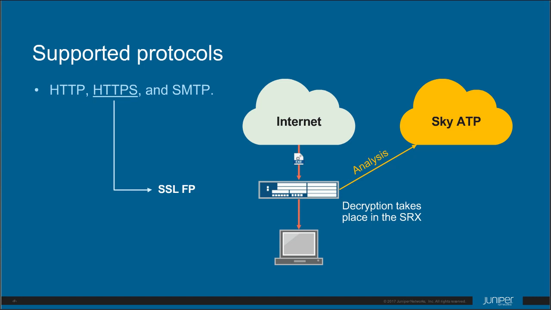So if we are downloading a file which is encrypted and we want it to be analyzed by SkyTP, we will need to enable SSL forward proxy in the SRX so that the decryption can happen in the SRX. Once this file is decrypted, we can send it to SkyTP for further analysis. This is mainly the reason why the SRX 300 and 320 cannot run with SkyTP: they cannot run SSL forward proxy.